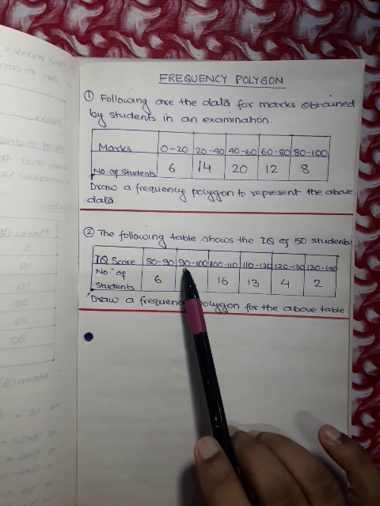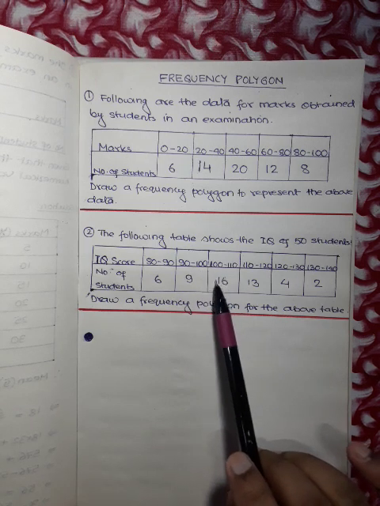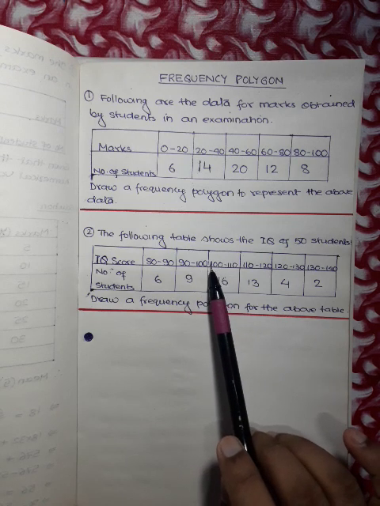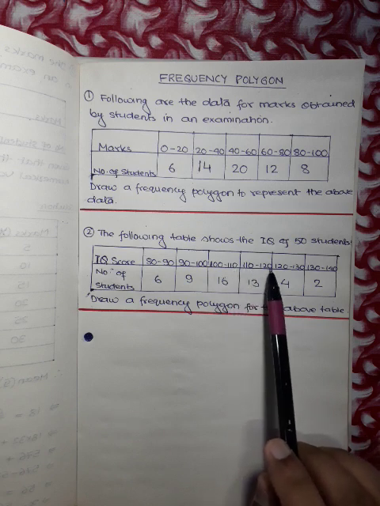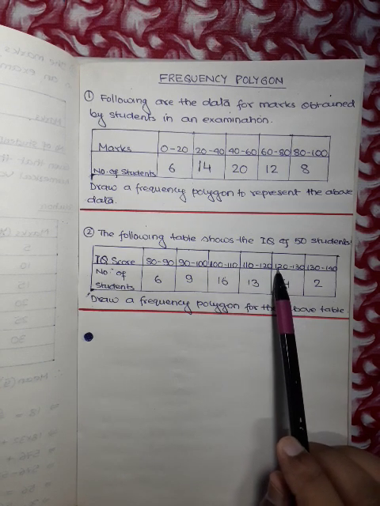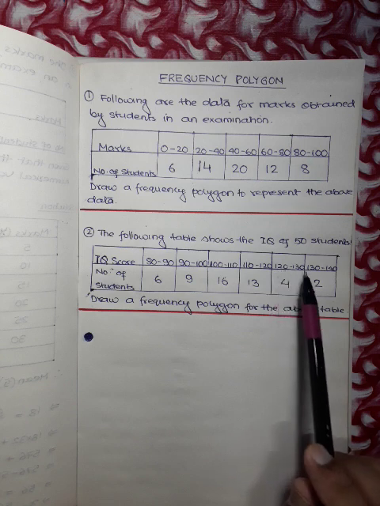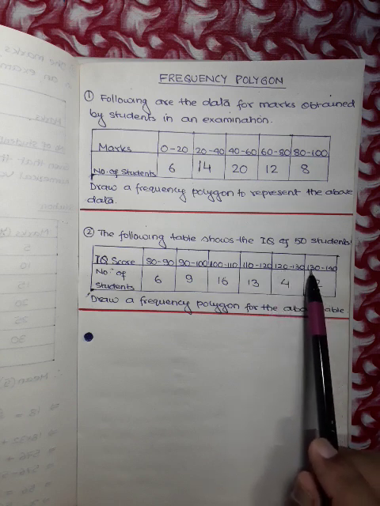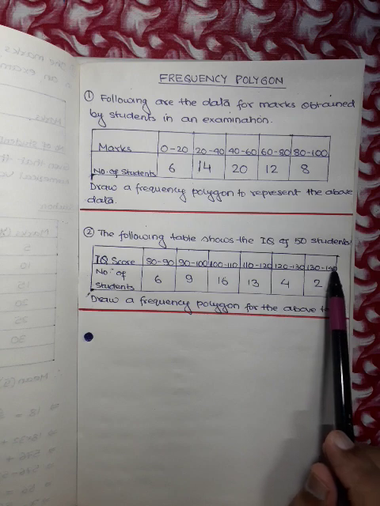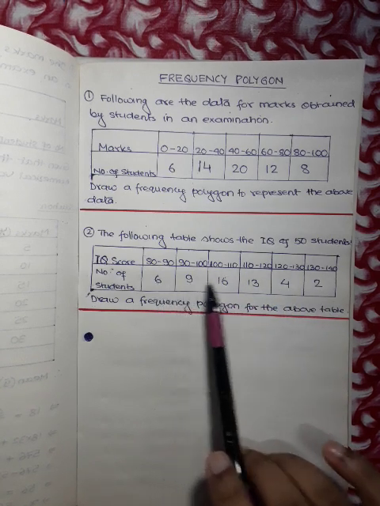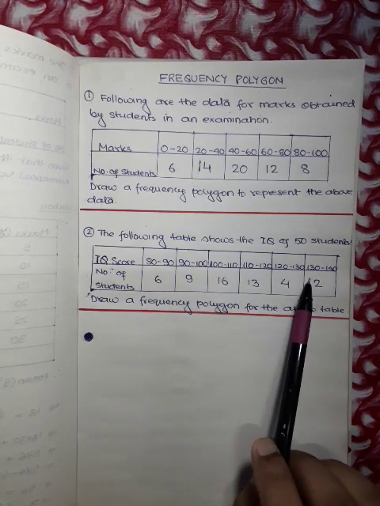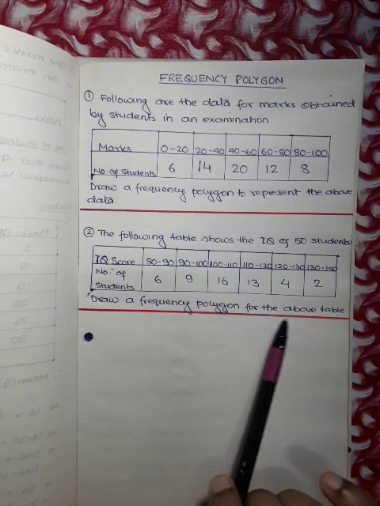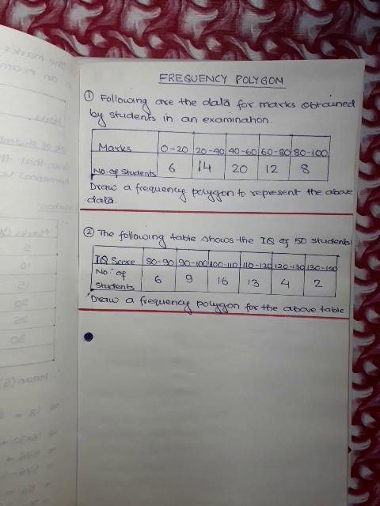Likewise 9 students have scored 90 to 100, 16 students have scored 100 to 110, 13 students have scored 110 to 120, 4 students have scored 120 to 130, similarly 2 students have scored 130 to 140. So these are the IQ scores and this is the number of students. The number of students is nothing but the frequency. Draw a frequency polygon for the above data.